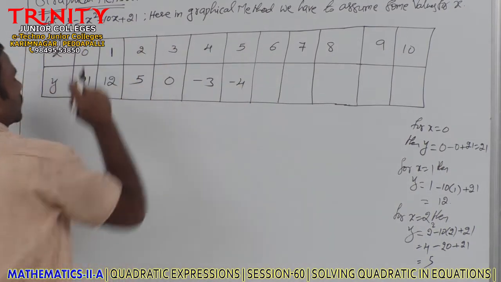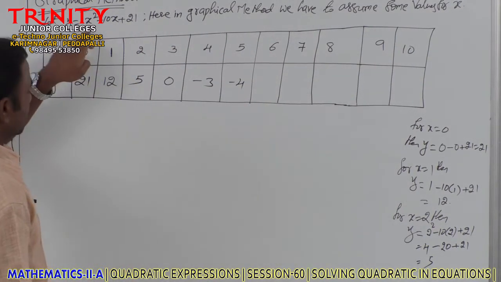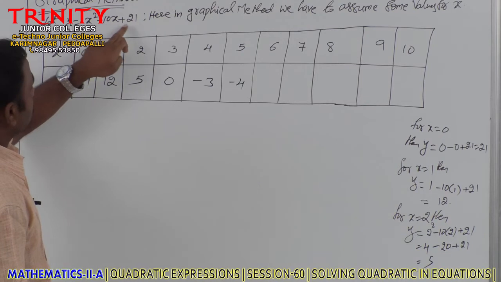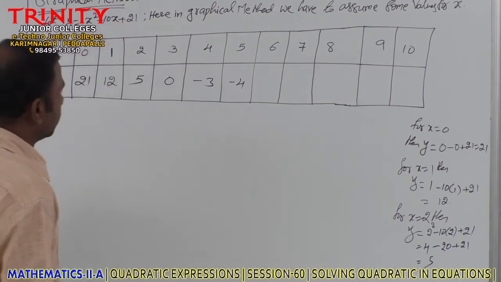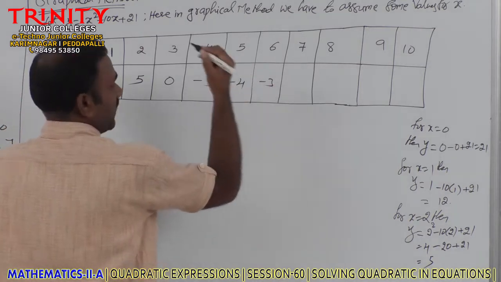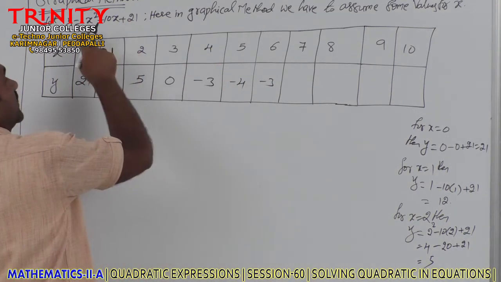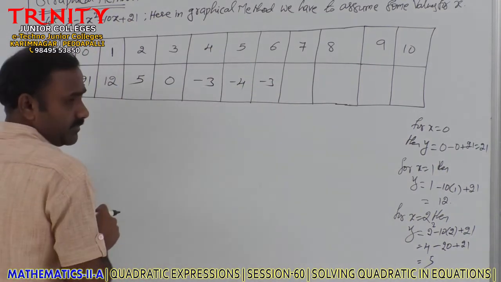Then x is equal to 6, 36 minus 60 plus 21: 36 plus 21 is 57, and 57 minus 60 is minus 3.